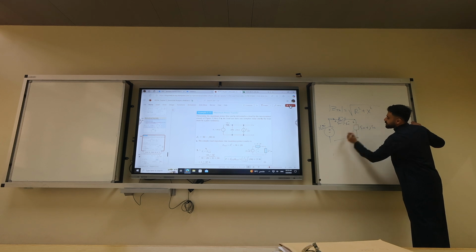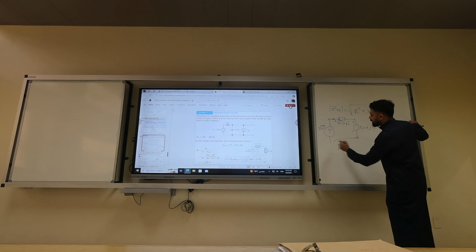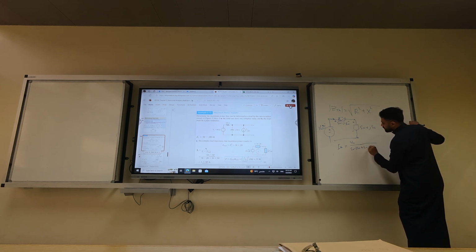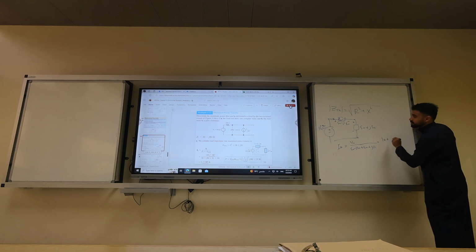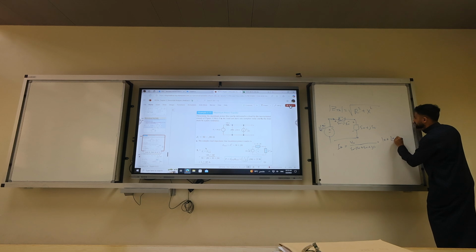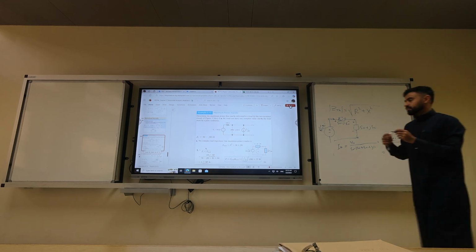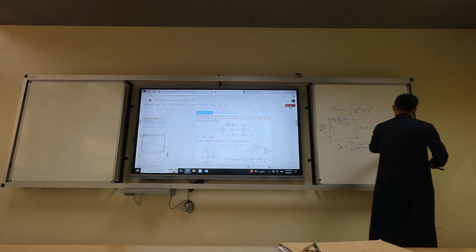I A equals V Thévenin over 50 minus j50 plus 50 plus j50. It will be what? 100. Is it 100? Yeah, 100. 100 angle minus 90 over 100, which is 1 angle minus 90. V Thévenin is minus 90.